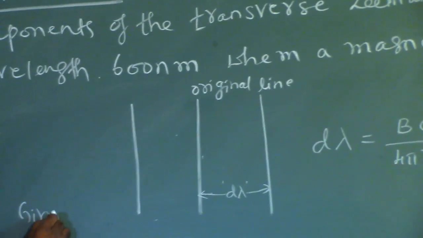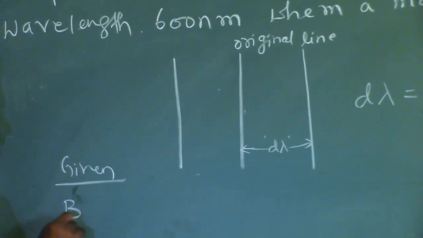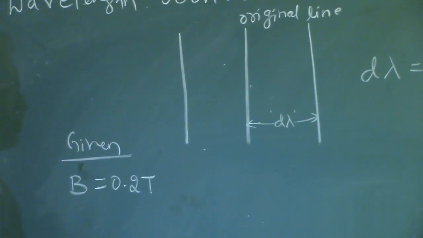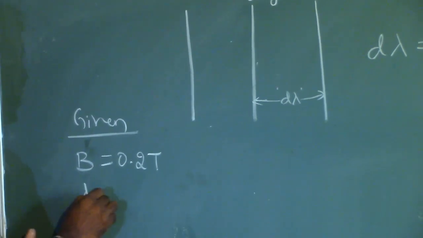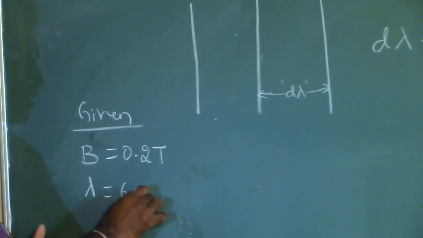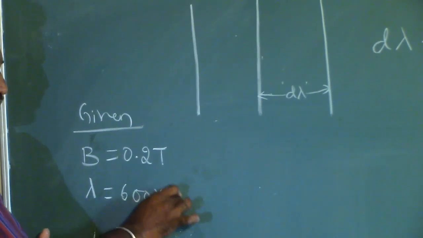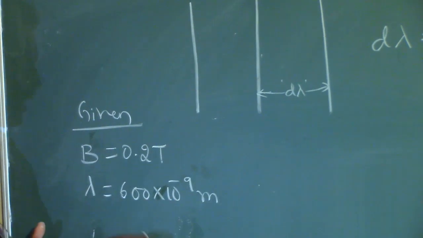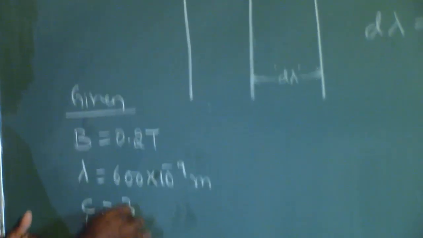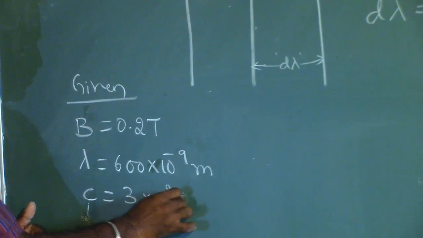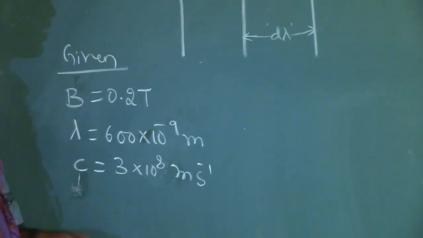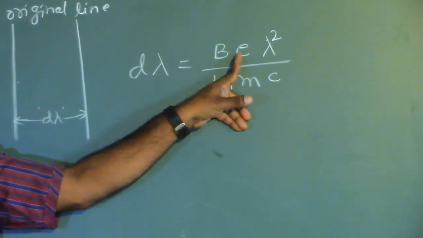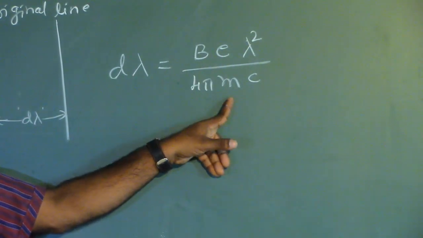B, the strength of the magnetic field, is 0.2 Tesla, and lambda is 600 nanometer, which is 600 into 10 to the power of minus 9 meter. The speed of light is 3 into 10 to the power of 8 meter per second. But they have not specified the charge of the electron and the mass of the electron.